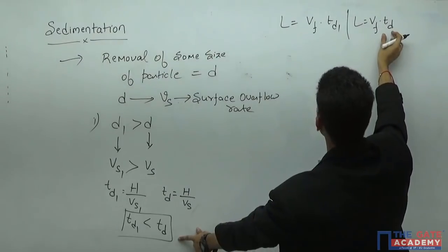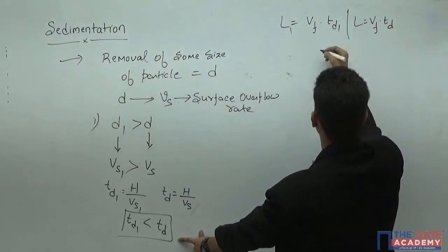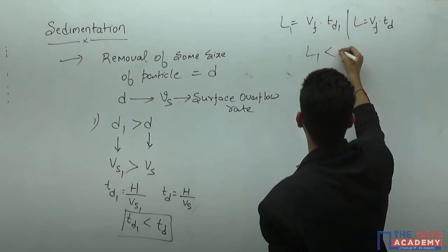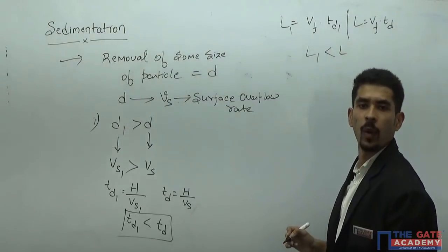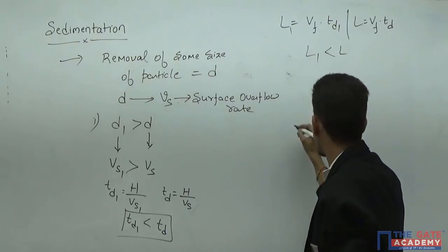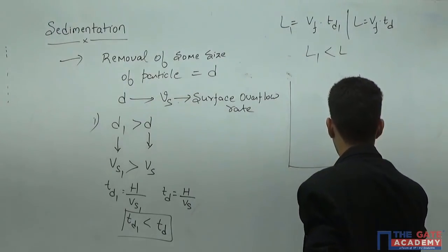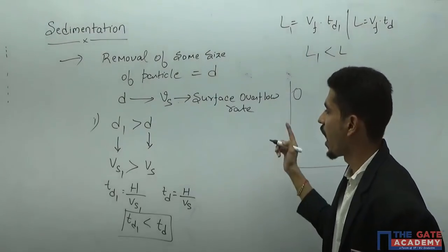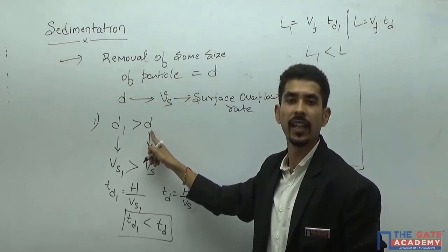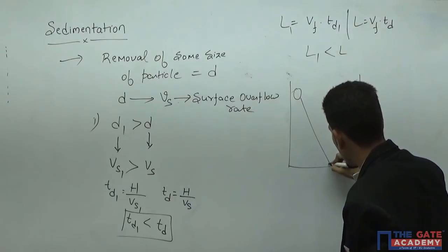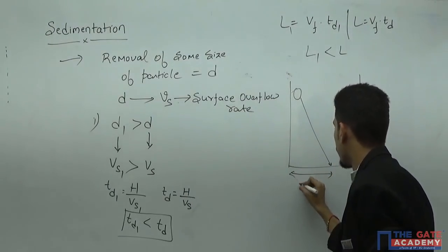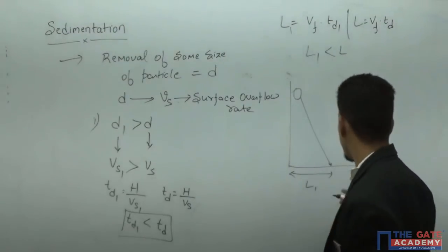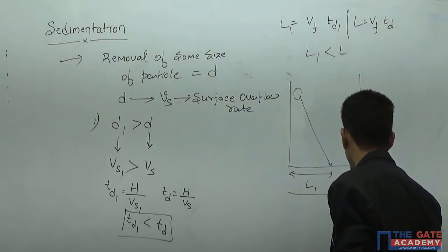Here TD is more, so in this case L1 will be less than L. That means the particles having a diameter greater than D are getting removed somewhere here, at L1.